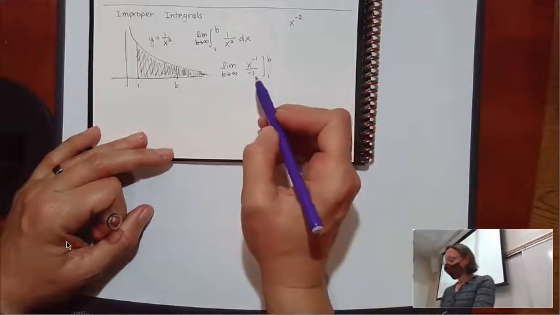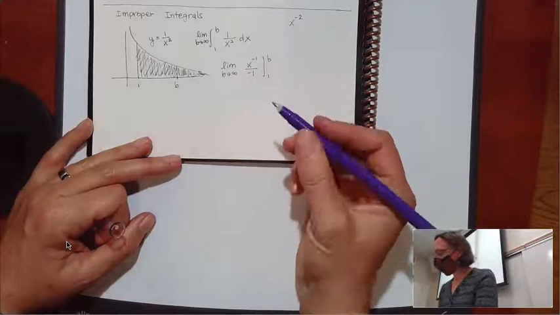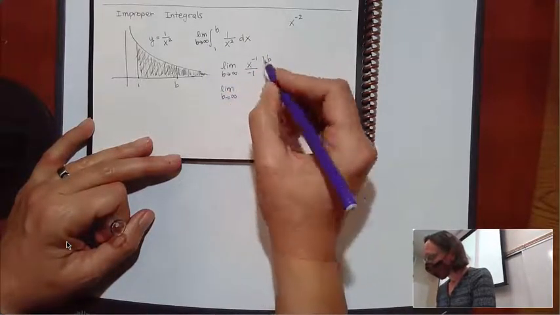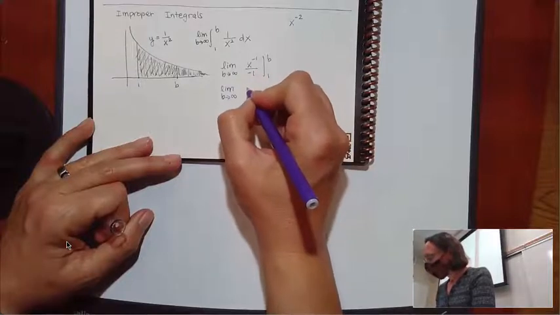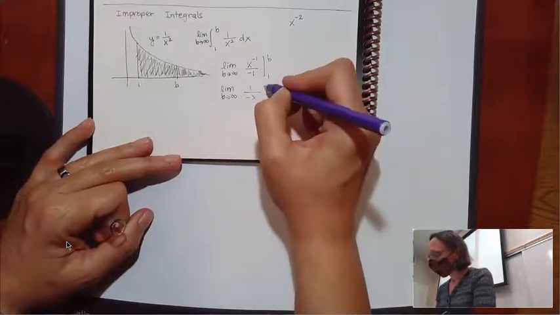But I mentioned before that if we're going to do limits, it's nice to not have negative exponents. So I'm going to rewrite that to say 1 over negative x from 1 to b.